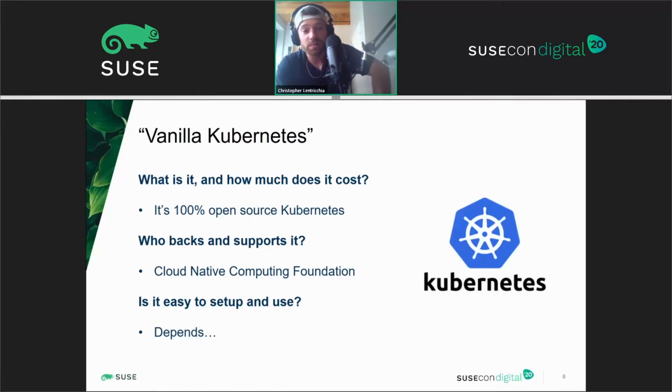Now, is it easy to set up and use? The answer to that really depends. Sorry to be that guy who puts that answer out there, but it does. It depends what you're trying to use Kubernetes for. It could be simple, and it could be really, really complicated.